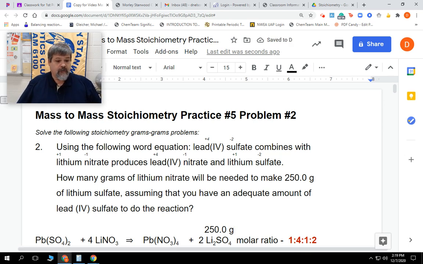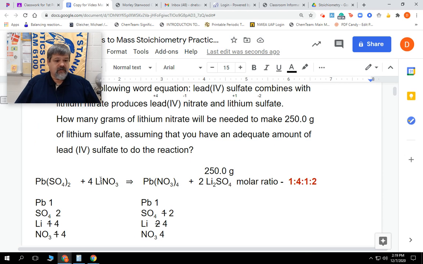What am I looking for? This is how many grams of lithium nitrate will be needed. So here's lithium nitrate. Okay, so there we're looking at how many grams are needed of lithium nitrate.